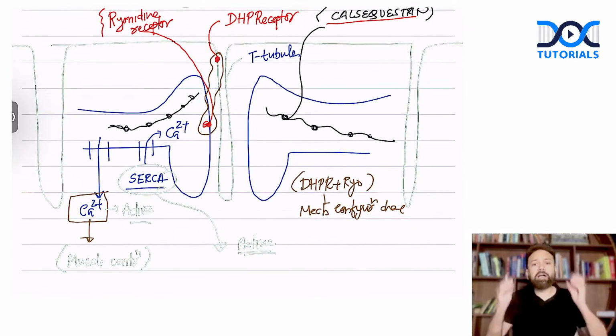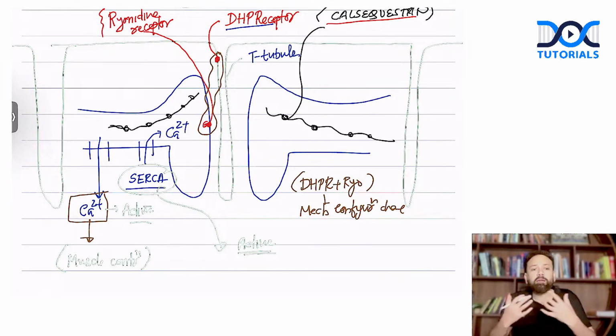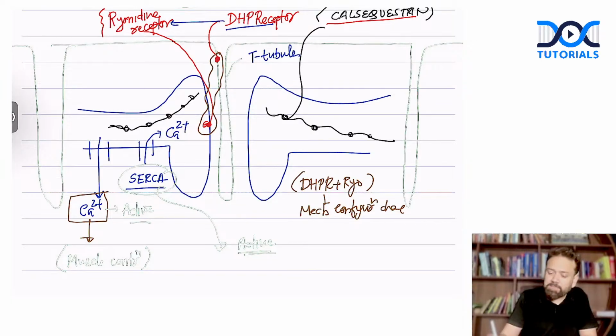So this is how excitation contraction coupling works. First of all, the action potential will go deeper inside the T tubules. There it is going to stimulate the DHP receptor, the dihydropyridine receptor. Which type of talking is going on, physical or chemical? They are physically in connection with each other.